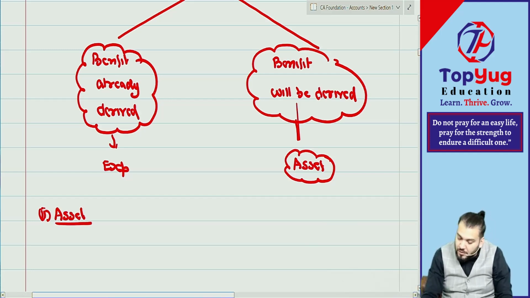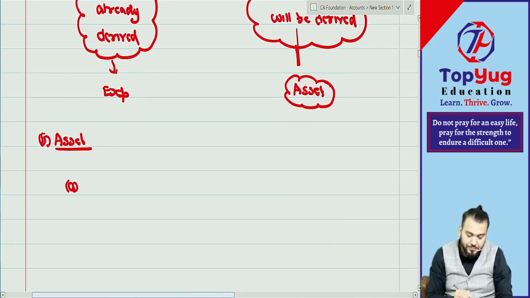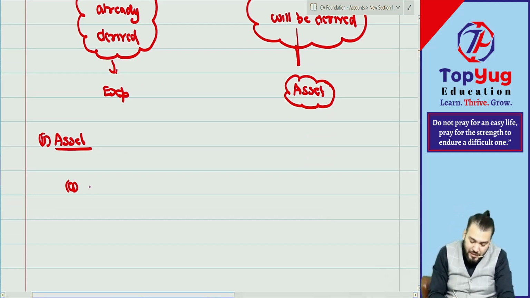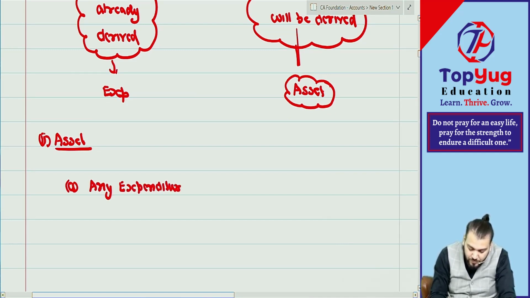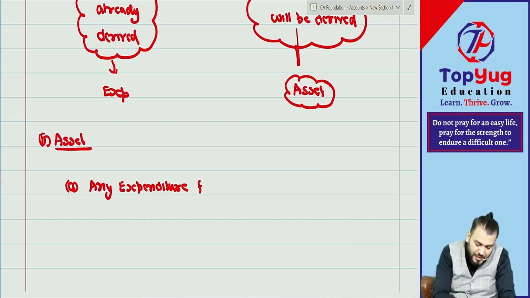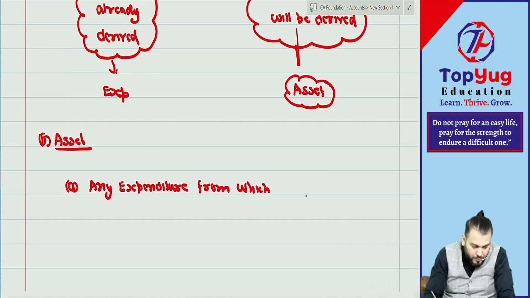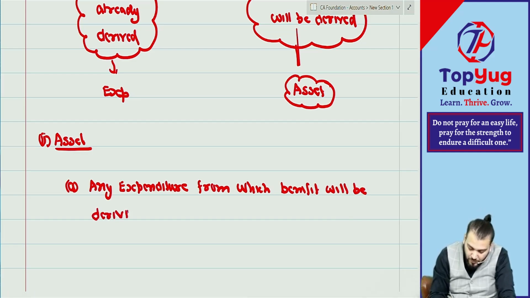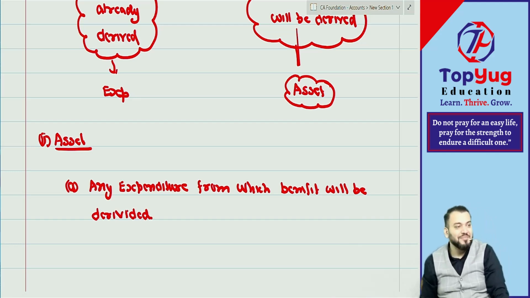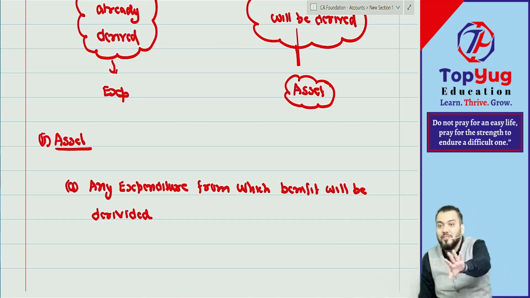Now asset will be defined in two ways. Point number A: any expenditure from which benefit will be derived is an asset.